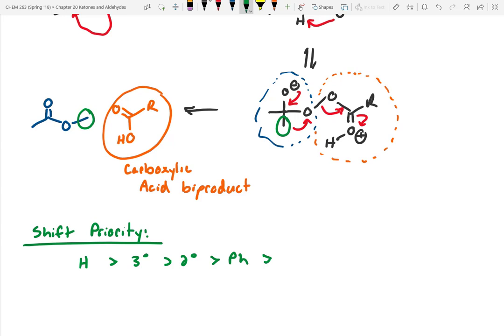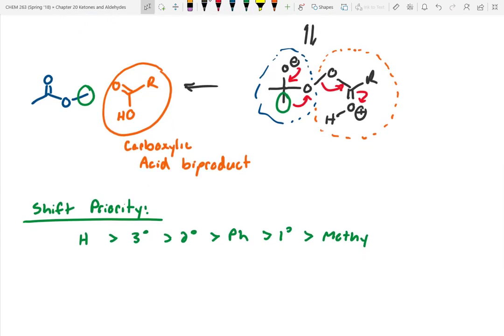And then last but not least, we've got primary, and the worst one is a methyl group. So this is the shift priority for where the oxygen wants to go for these alkyl shifts. I'll show you a cool example of this in action. Oh, methyl.